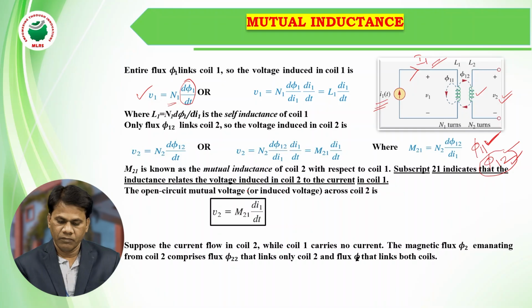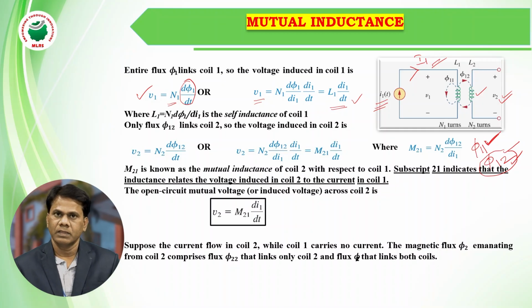This we can write as V1 equals N1 d phi 1 by di1 into di1 by dt, which simplifies to L1 di1 by dt. This is the voltage V1 induced in the first coil due to the current in the first coil. Here L1 equals N1 d phi 1 by di1 is the self-inductance of coil 1.